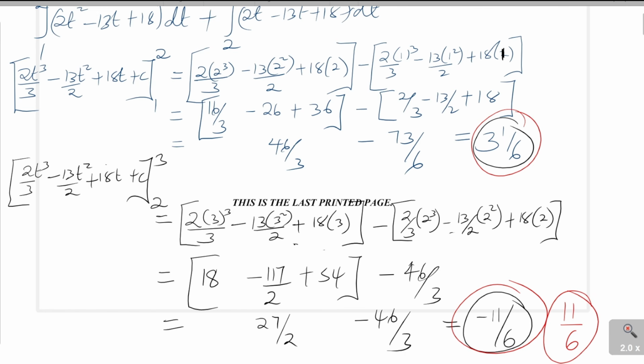The total distance is the area under the curve. So the total distance shall take 3 and 1 over 6 plus 11 over 6, and these will give 5 meters. That will be the distance, and that is how you're supposed to solve that question.